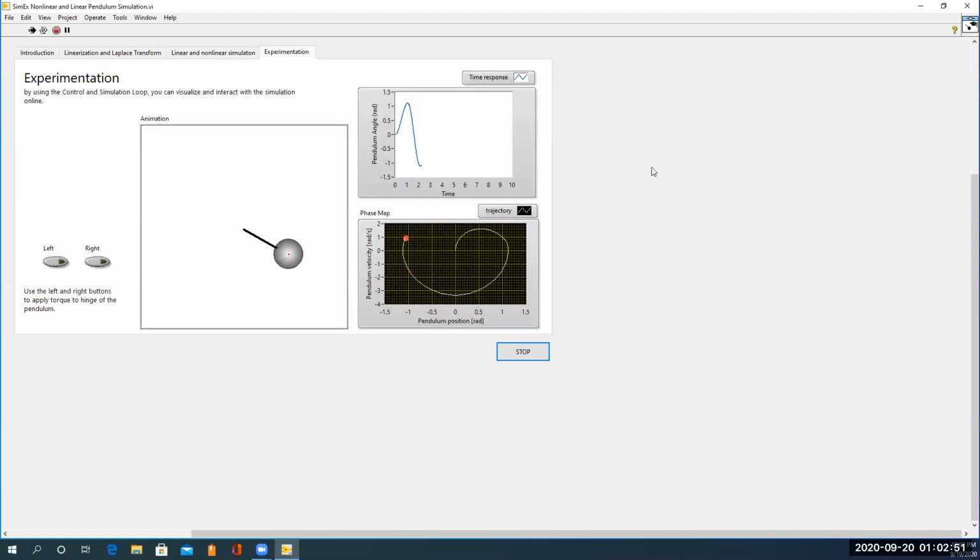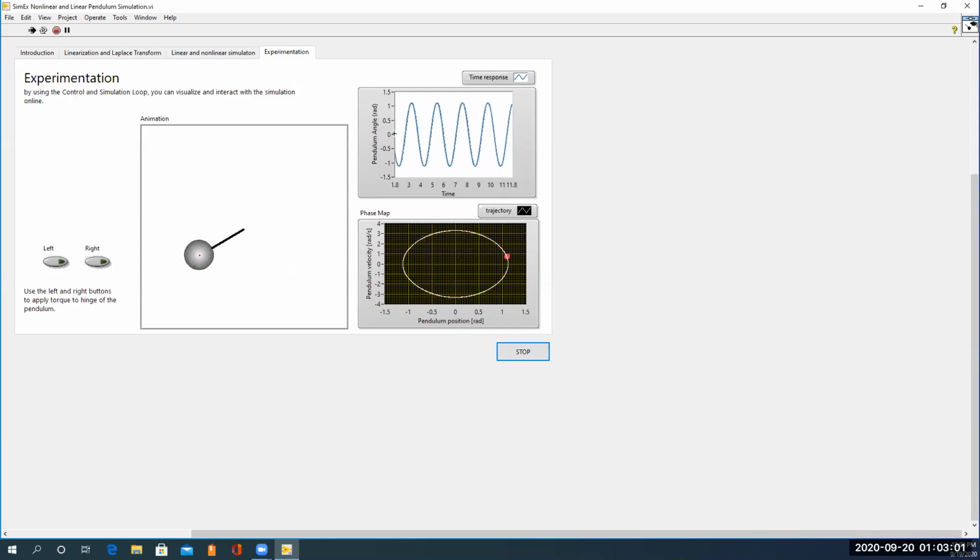Then here it visualizes the pendulum angle, starting from 0 degrees. Then you can use the left and right buttons to apply the torque to the hinge of the pendulum.